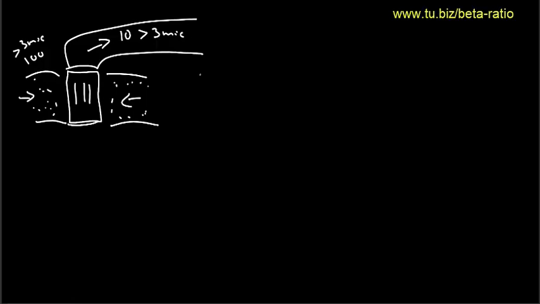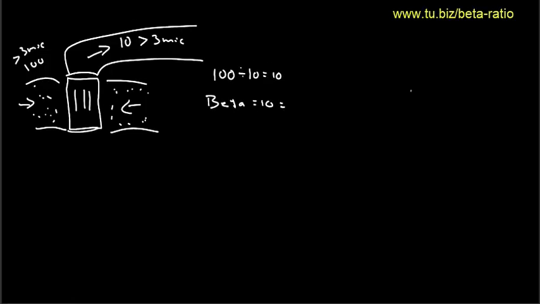So the beta ratio is basically 100 divided by 10 equals 10. That is a beta ratio, beta 10, which will give you an efficiency of 90%.